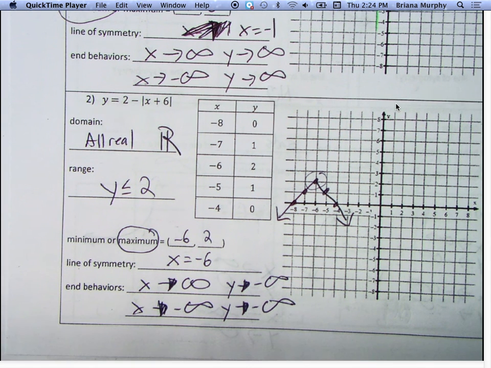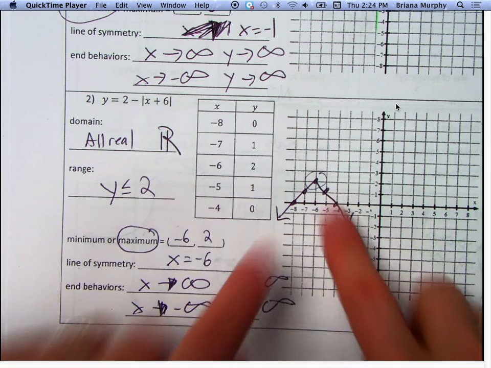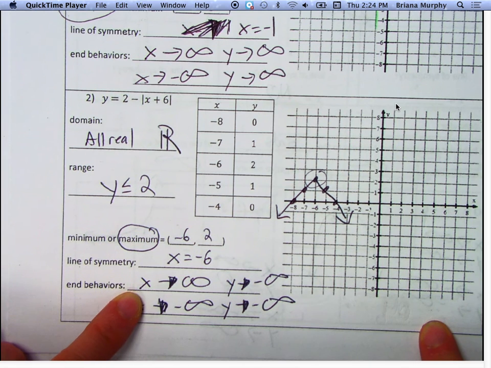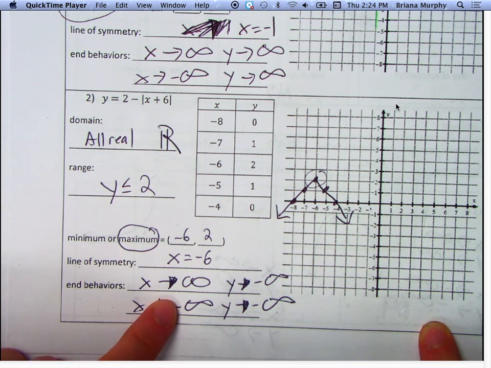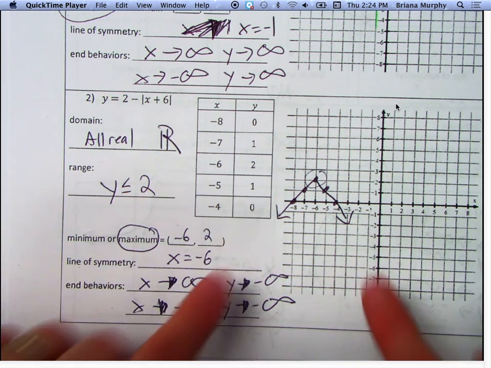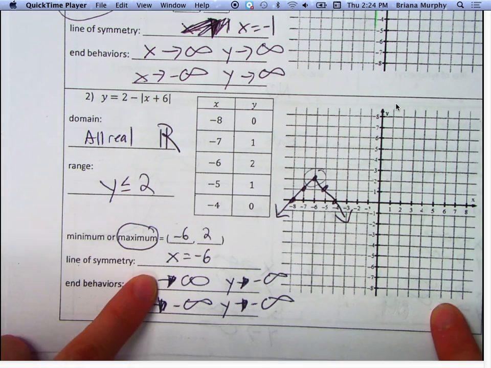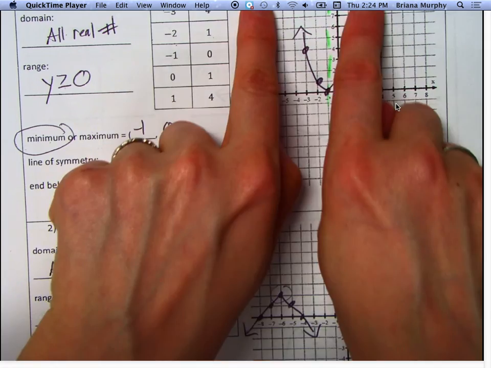If it goes up, positive infinity. You always have x's, one going positive, one going negative. For the y's, down is negative infinity, up is positive infinity.